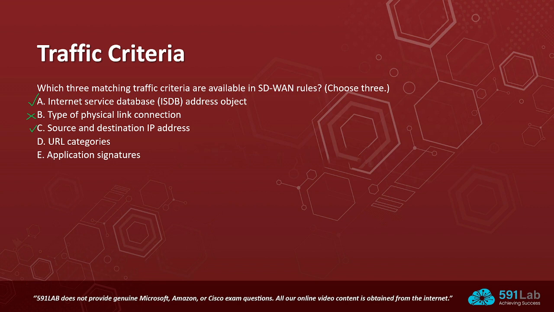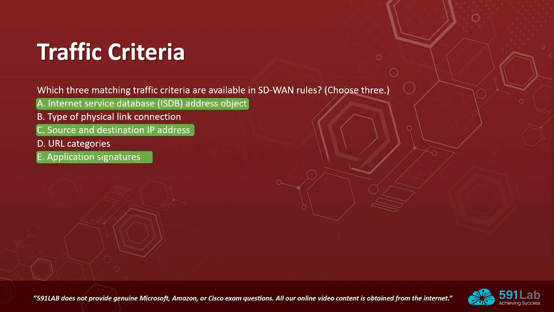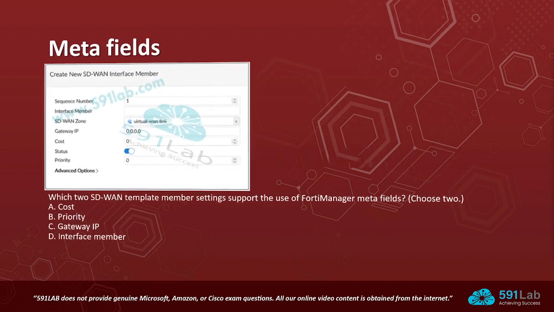And the letter D is wrong because we can put a URL category. The next one, application signature, yes, that is correct because as you saw, we can select that option. So as you can see there, we have our answers. Let's move to the next one.